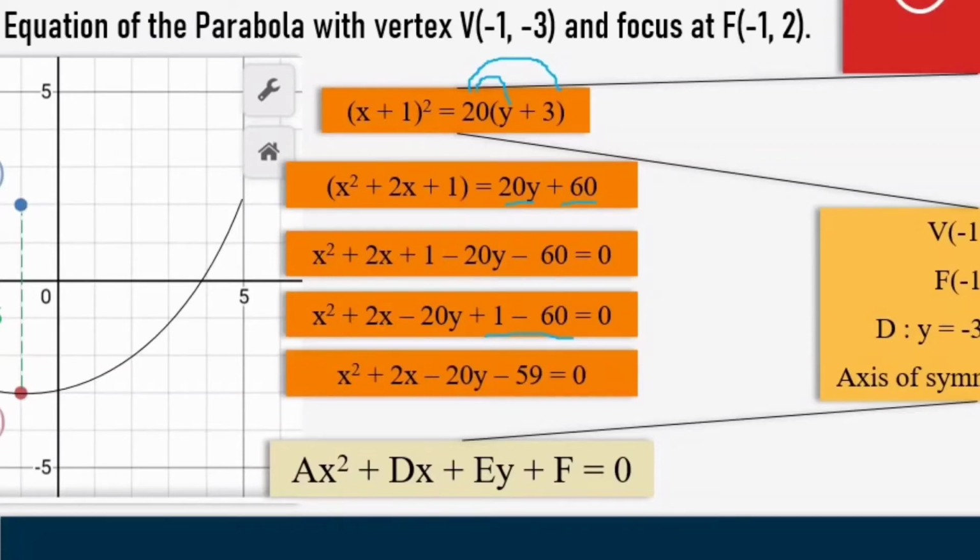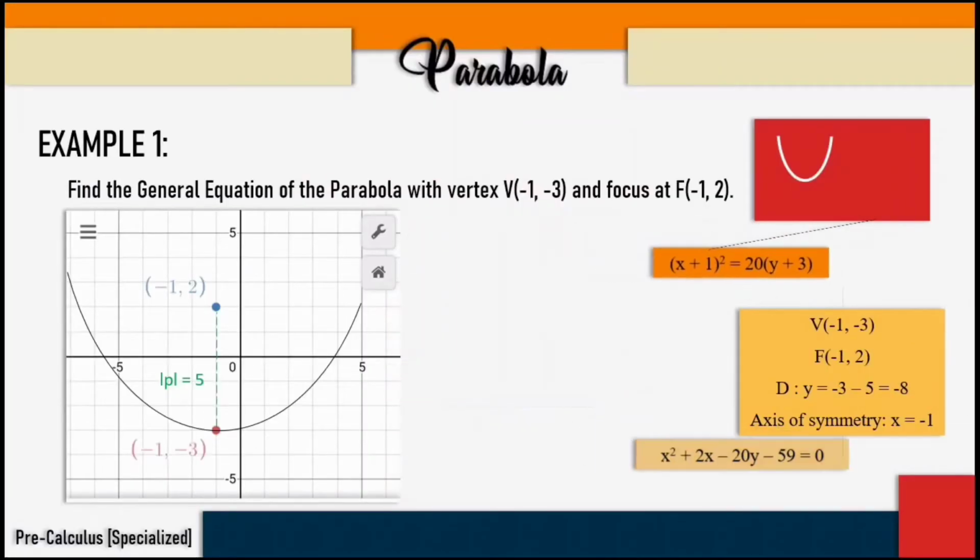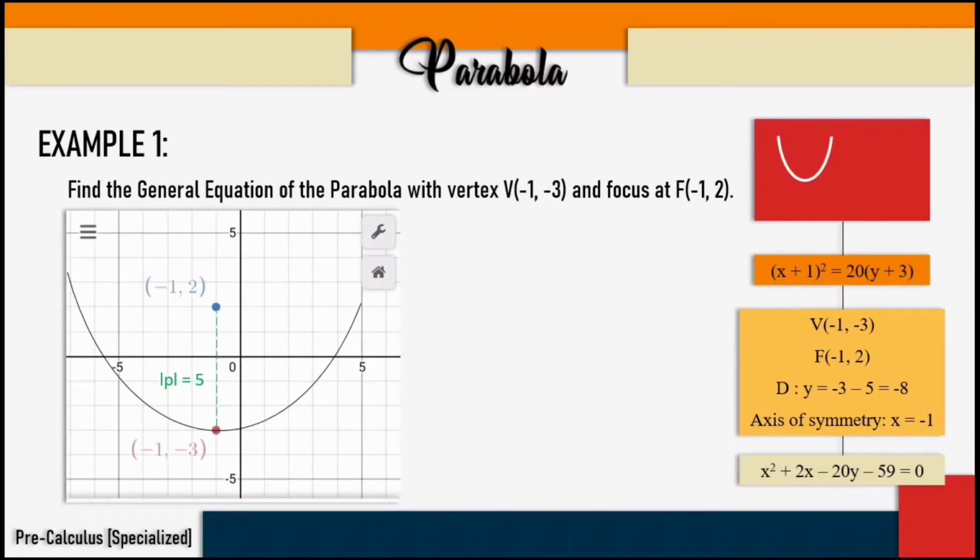We get x squared plus 2x minus 20y minus 59 is equal to 0. And that is the general equation of the parabola given its vertex and the focus. Okay? Ang unang kailangan nating i-consider kapag ka mga points ang given, hanapin muna ang standard equation. So from the standard equation, we're now able to find the general equation.